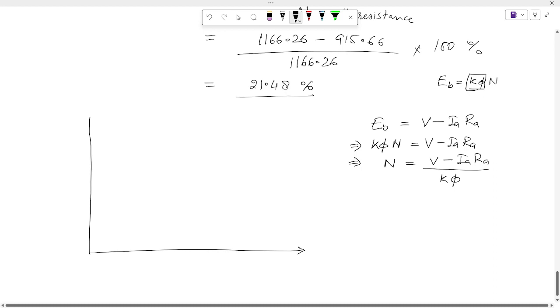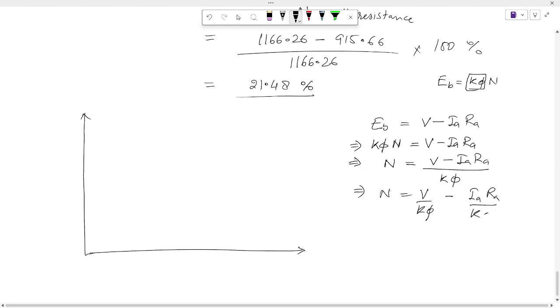I am going a little bit mathematical: N equals V by K phi minus IA RA by K phi.